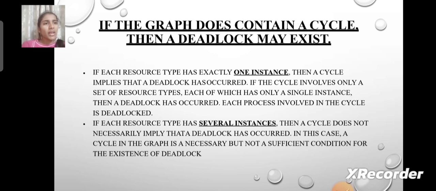Each process involved in the cycle is deadlocked. If each resource type has several instances, then a cycle does not necessarily imply that a deadlock has occurred. In this case, a cycle in the graph is a necessary but not a sufficient condition for the existence of deadlock.